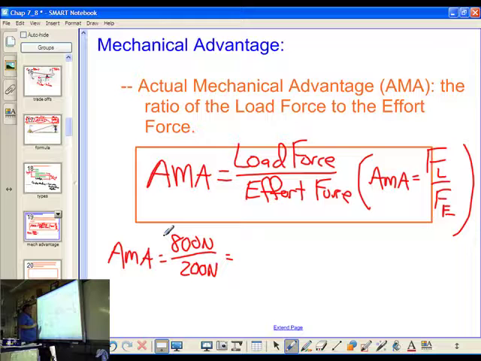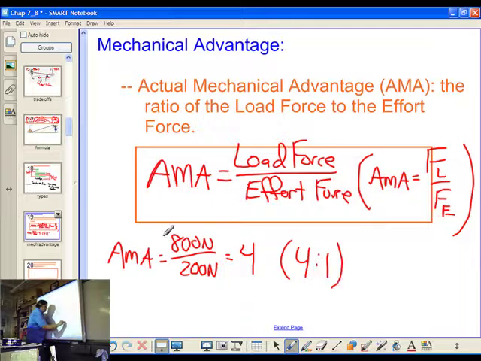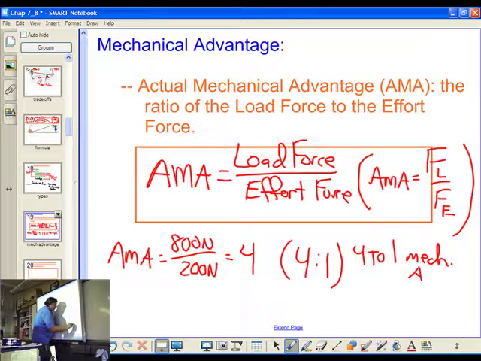In which case, 800 divided by 200, our AMA is 4. And we would write it as a ratio, 4:1.